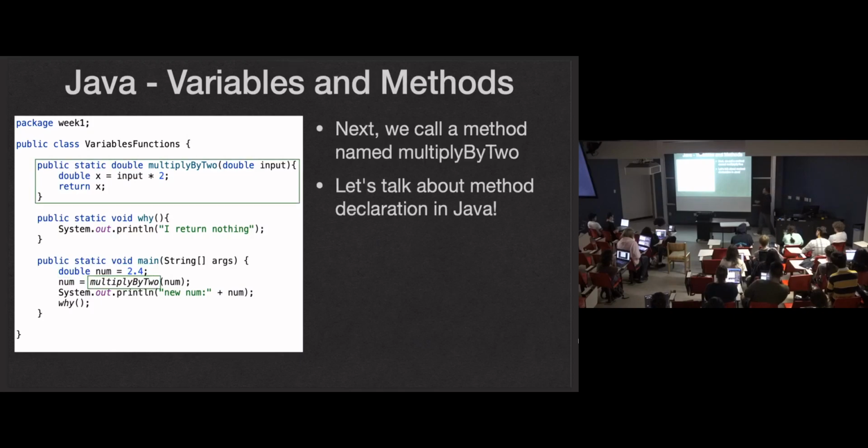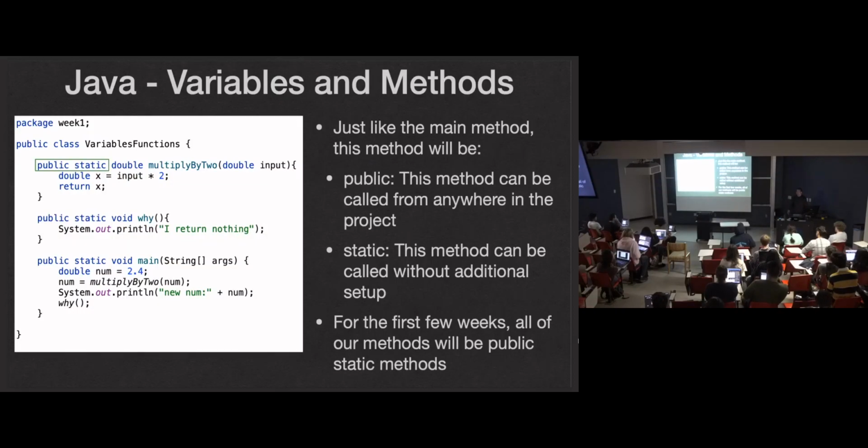Defining a method, most of it's the same as any language, so I'll skip over a lot of details. First, public static. For the first few weeks, all of our methods are going to be public static. The main method we already saw was public static. So public, just a reminder, means you can access it from anywhere.